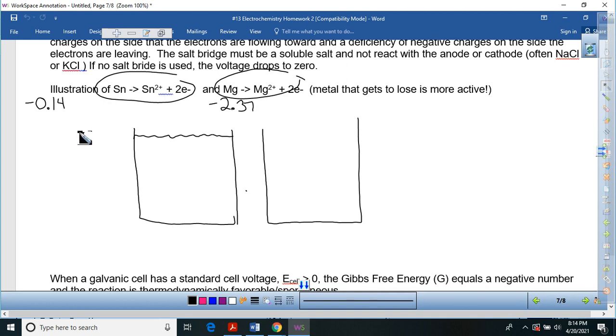Because the tin has a larger value, it has a larger reduction potential. So because it has a larger value, the tin is reduced. And because the tin is reduced, it's at the cathode.